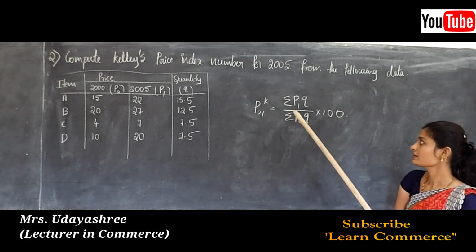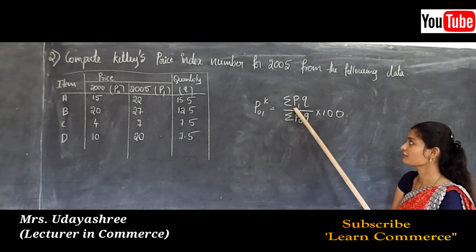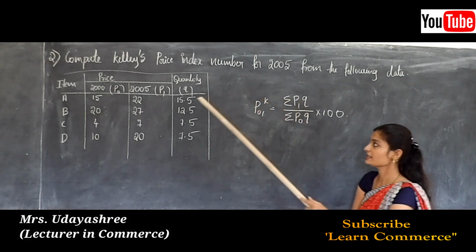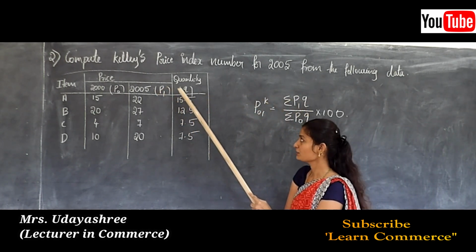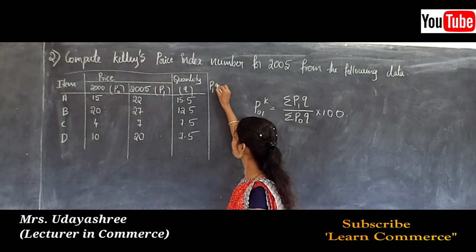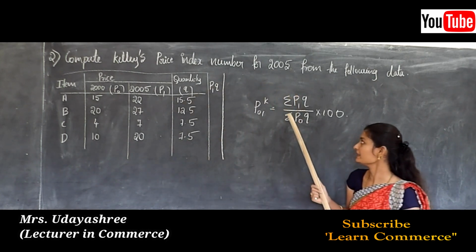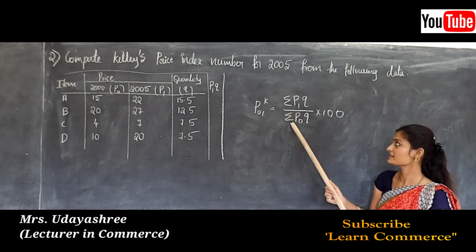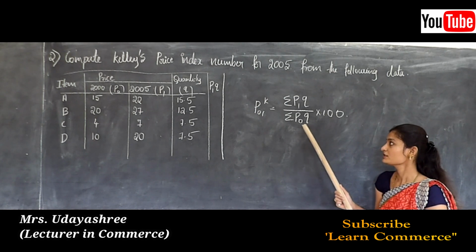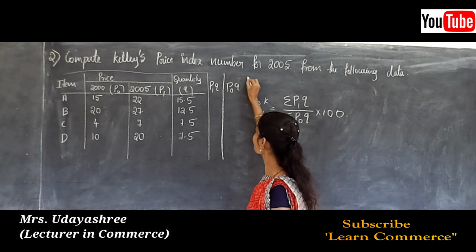Based on our formula, we need to calculate sum of P1 into Q, so the next column is P1 Q. In the denominator, this is summation of P0 Q, so the next column is P0 Q.